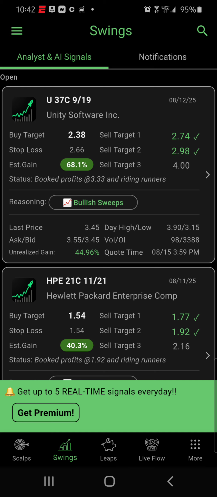Okay, right below it says stop loss. That's what you want to get out at when it starts going to the left or whatever. That wasn't the original stop loss. I guarantee it, because it's higher than the buy target.